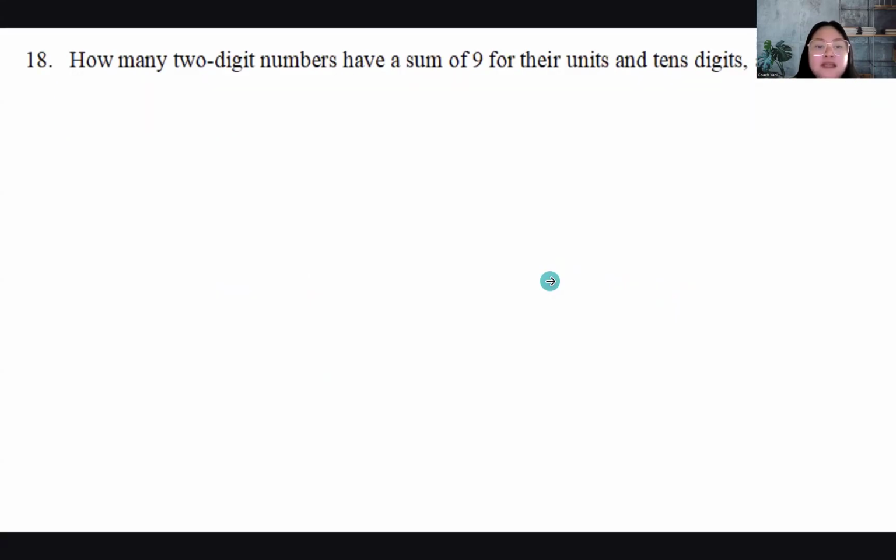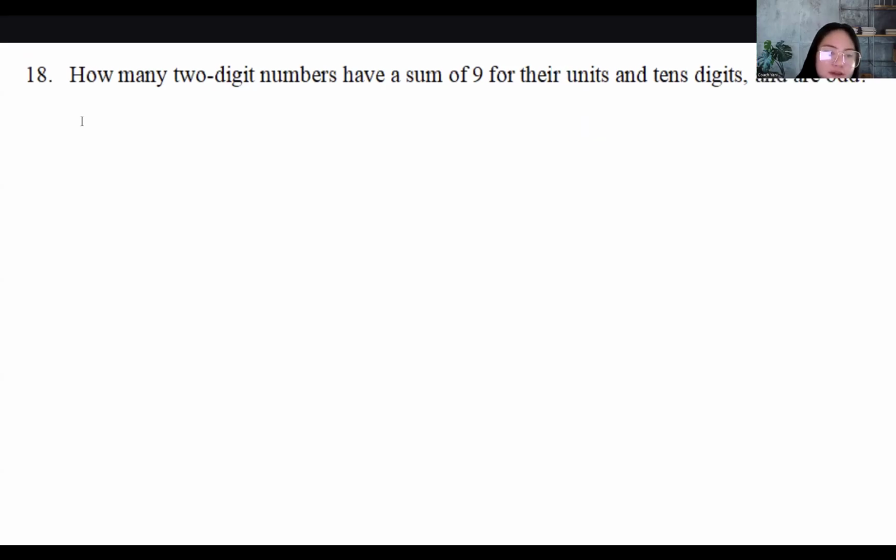Okay. How many two-digit numbers have a sum of 9 for their units and tens digits and are odd? So what are the numbers that could give you a sum of 9? You could have 0 and 9, correct? You could also have 1 and 8.